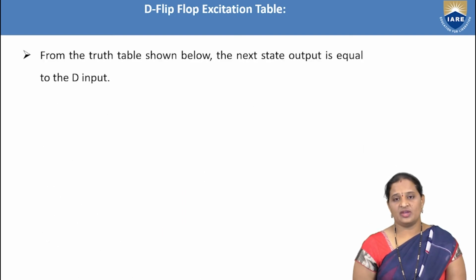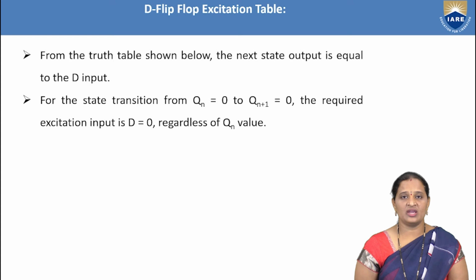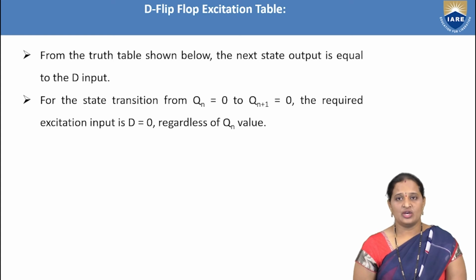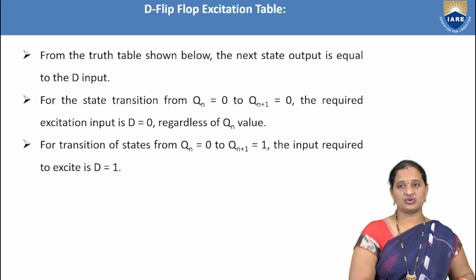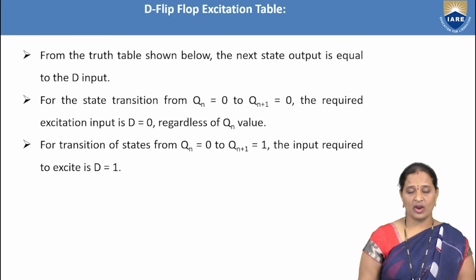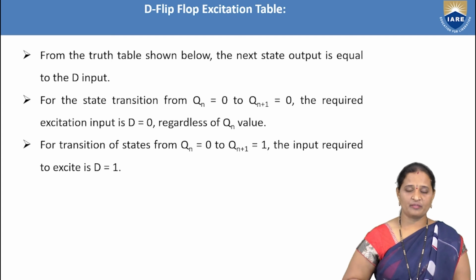As we have discussed here from the truth table, it is shown that the next state output is equal to the data input. So in order to have a transition from 0 to 0, the input that must be applied to the flip-flop is D equals 0.